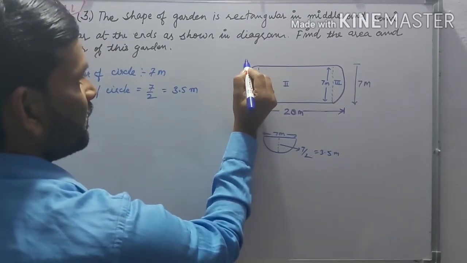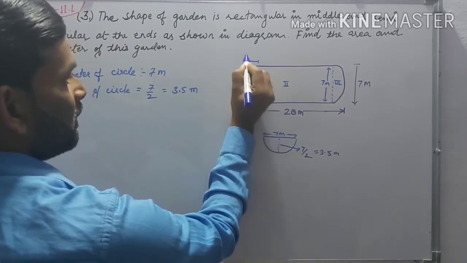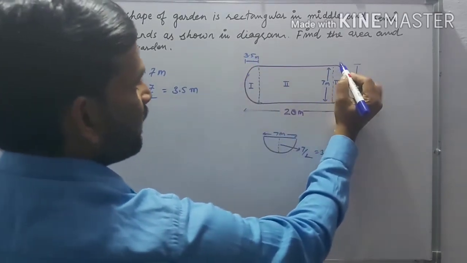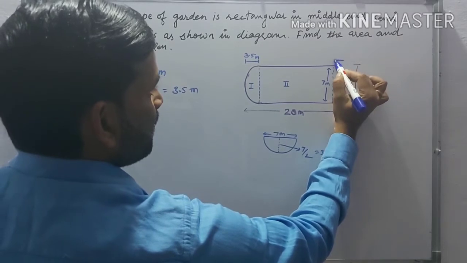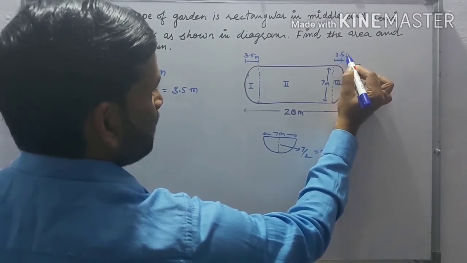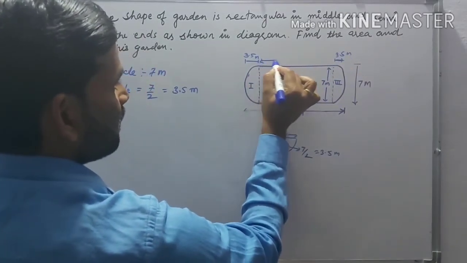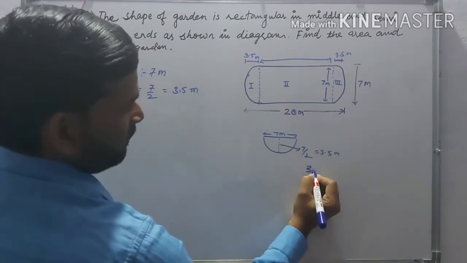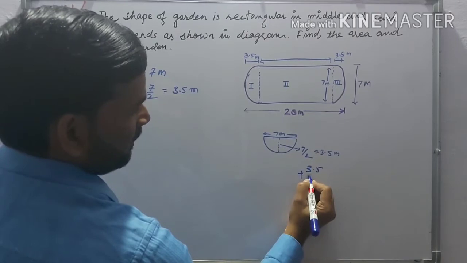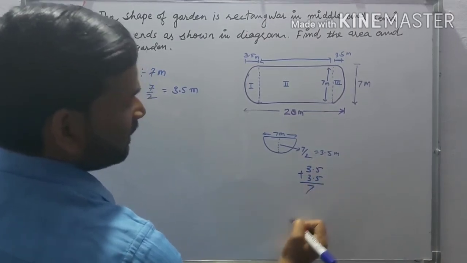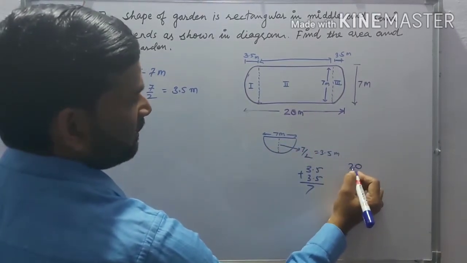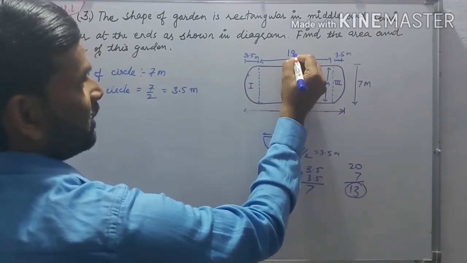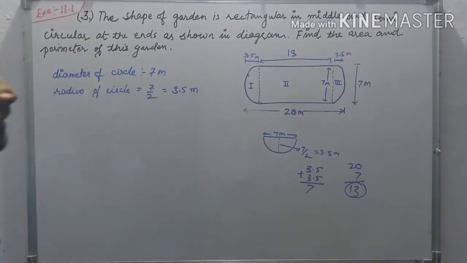Okay, it means here one part is 3.5 meter, and on the last side the radius is also 3.5 meter, and the remaining part is the length of the rectangle. 3.5 plus 3.5 is 7, and 20 is the total. 20 minus 7 is equal to 13, so it is a part of 13 meter.